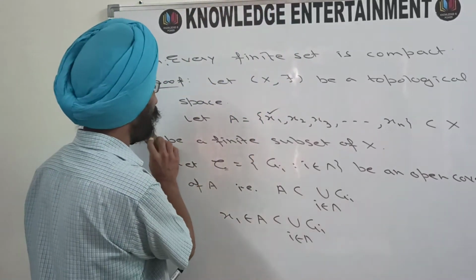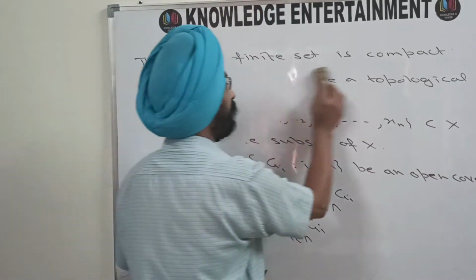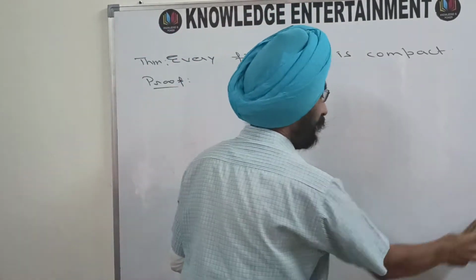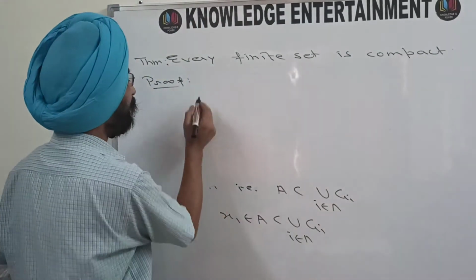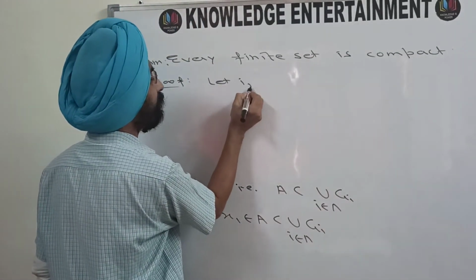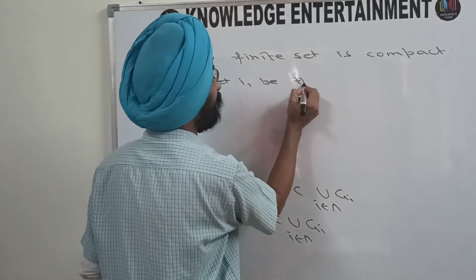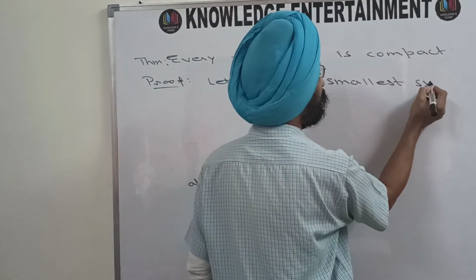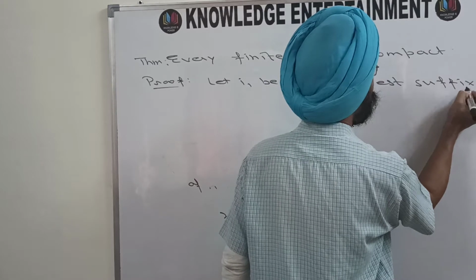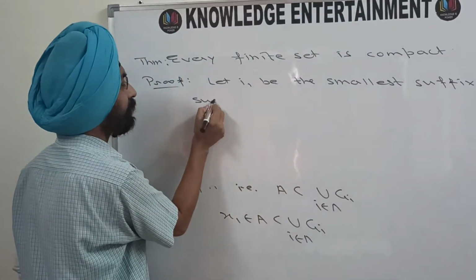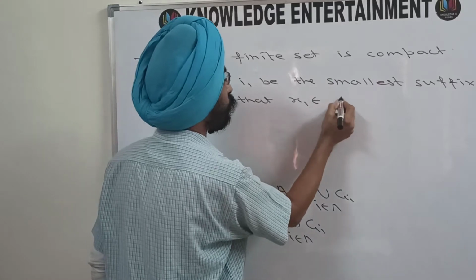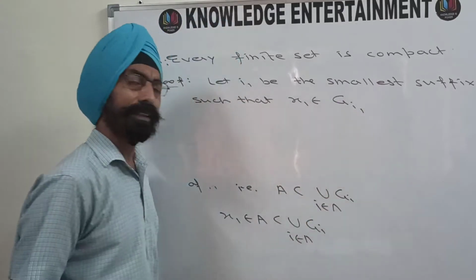So let i1 be the smallest suffix such that x1 belongs to Gi1.